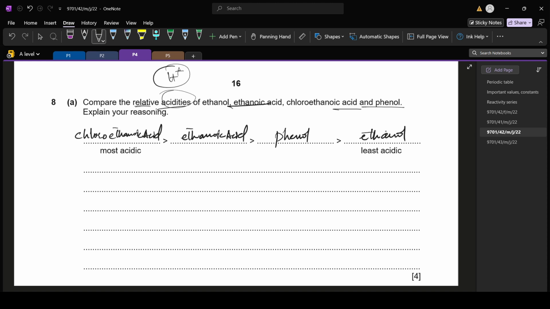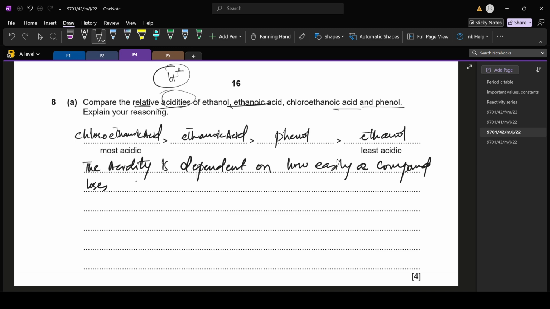Okay, so now let's see why. You can see that acidity is dependent on how easily a molecule or a compound loses H plus ions, and the stability of the conjugate base.